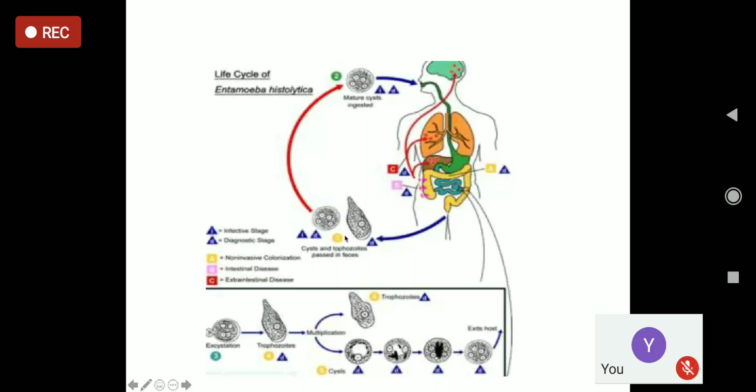Okay, ingestion of the trophozoite cannot proceed further as an infection because these trophozoites, even though we ingest them, will be easily degraded by the acidic pH of the stomach. But the cysts are relatively resistant to the acidic pH of the stomach. That's why after ingestion, this cyst enters our stomach, crosses the stomach, and then reaches the small intestine.